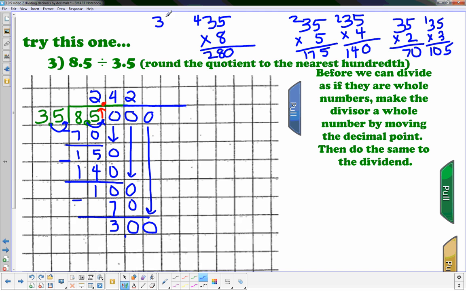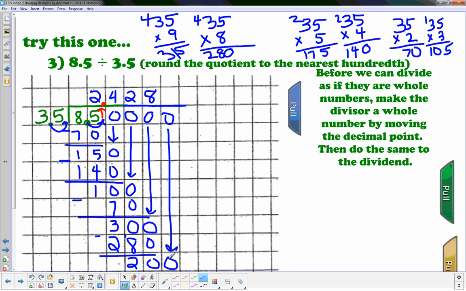Let's just check with 35 times 9. 45, 27 plus 4 is 31. Too much. So 35 times 8 is 280. Subtract, and we have 20.